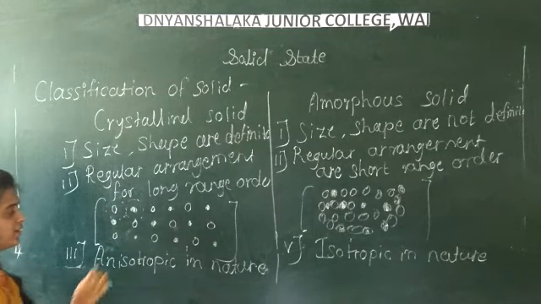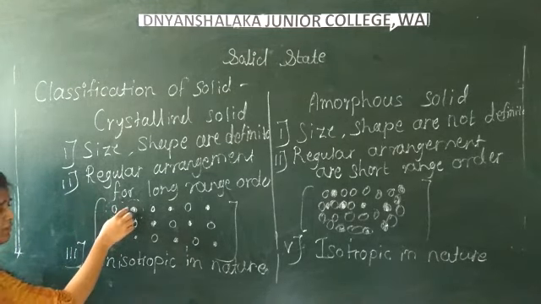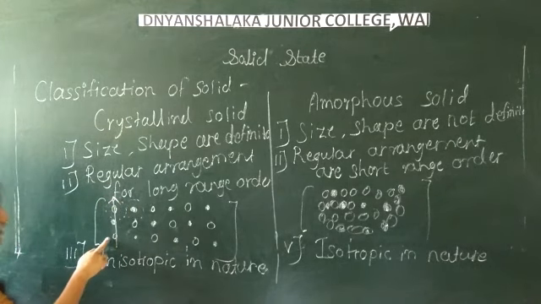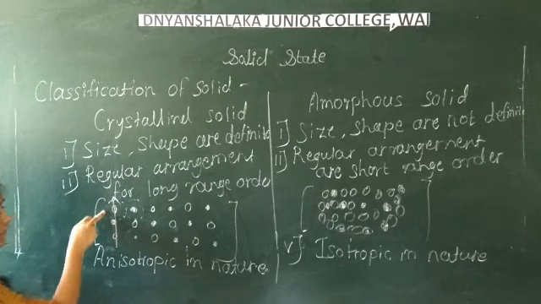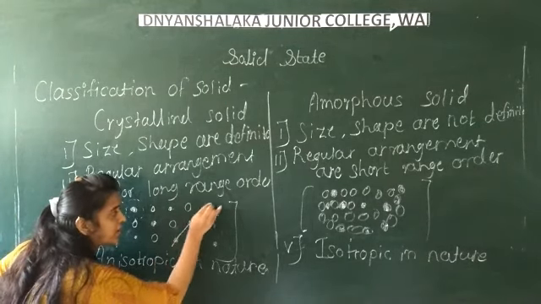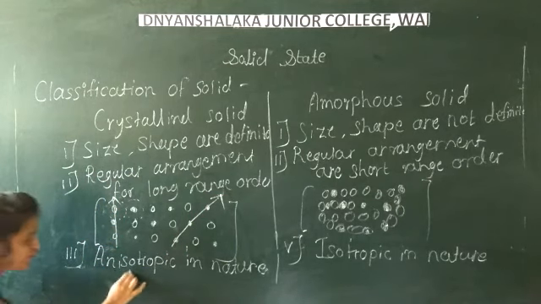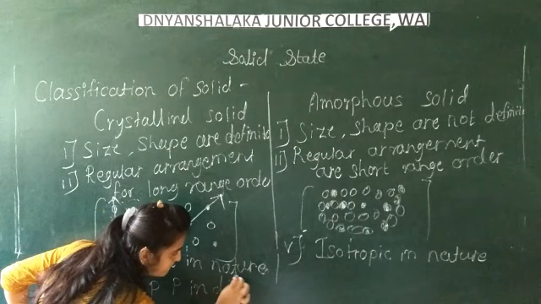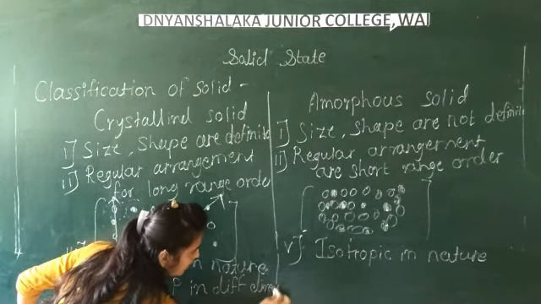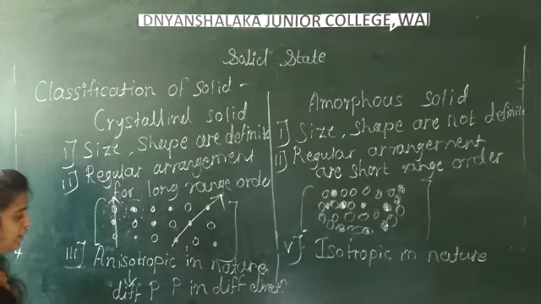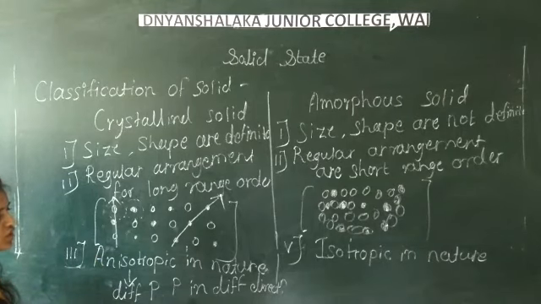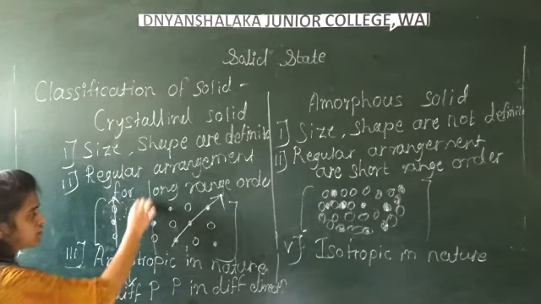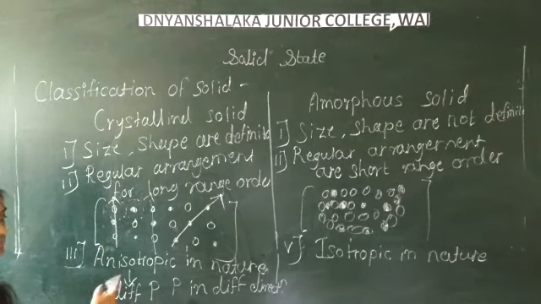In this direction it shows 3 anions, but in this direction it shows 2 cations and 1 anion, means different physical properties in different directions.